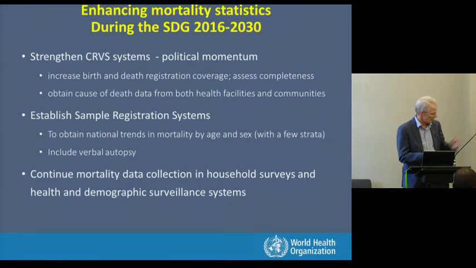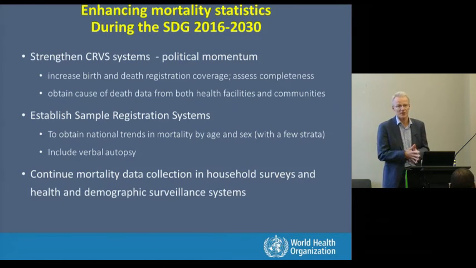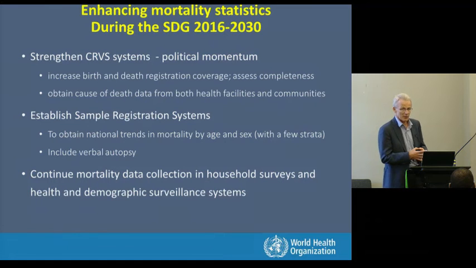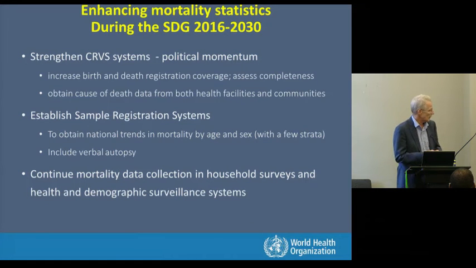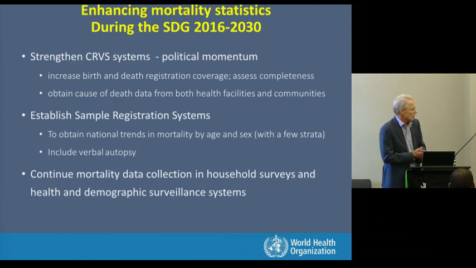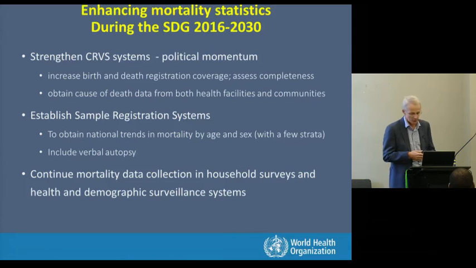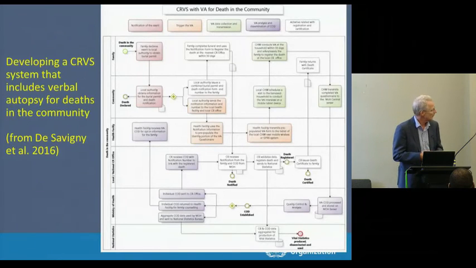But Philip Setel, I think, called this SAVI, sample registration systems with verbal autopsy. And there are a few countries that do it, like Tanzania, Zambia is planning it, Malawi. And then continue the mortality data collection in household surveys and health and demographic surveillance systems, but try to link it as much as possible to the CRVS strengthening.